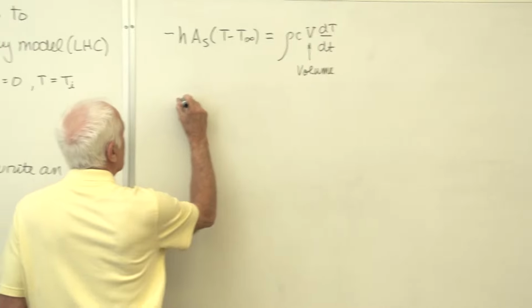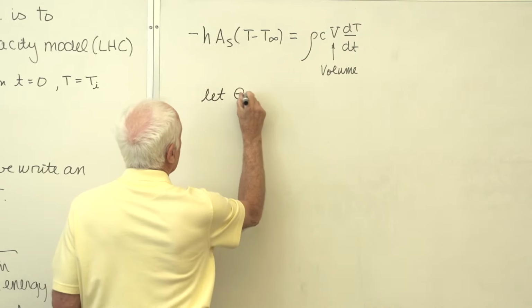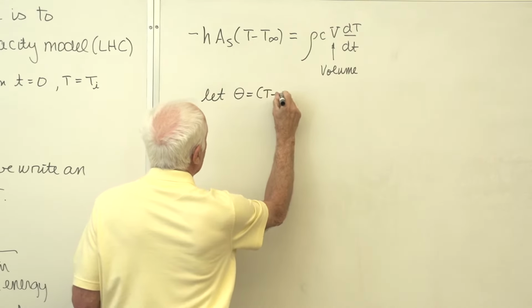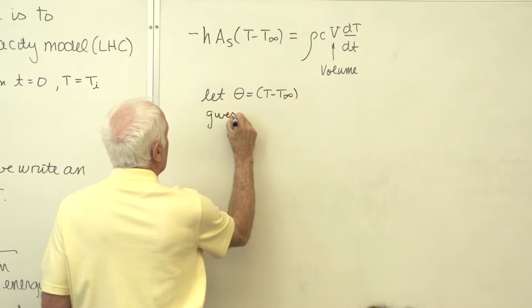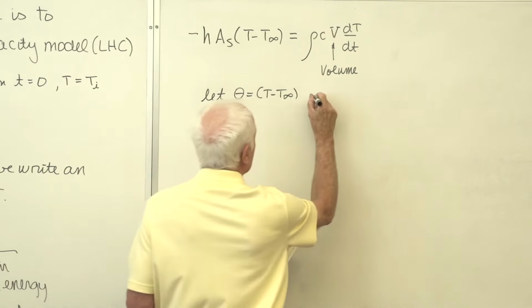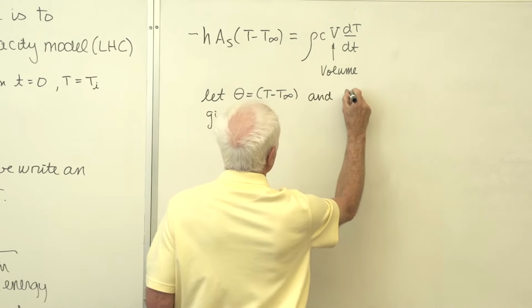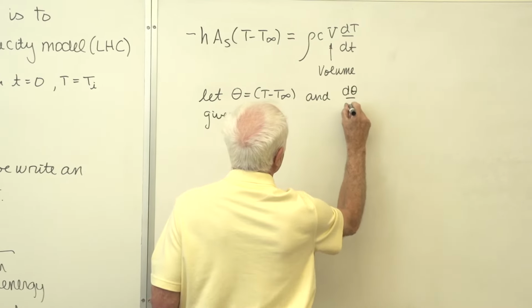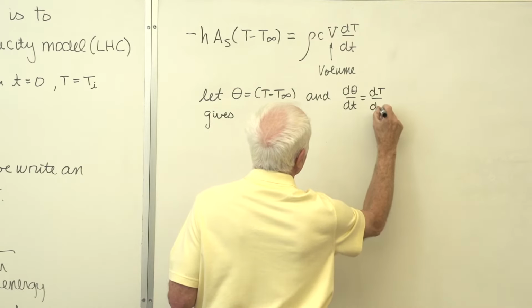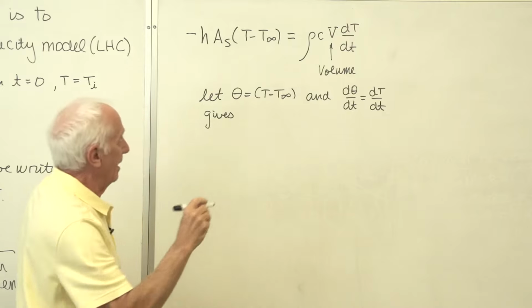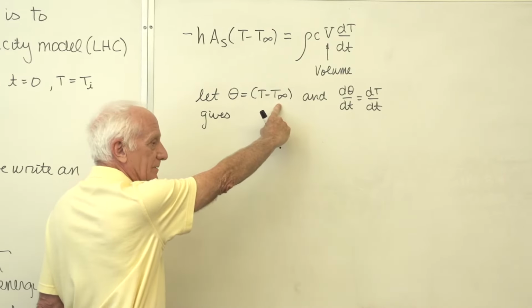To simplify matters, we let theta equal T minus T infinity. Put that in the above equation, and what happens, of course, is d theta dt is equal to dT dt, because the differential of a constant, T infinity, is 0.